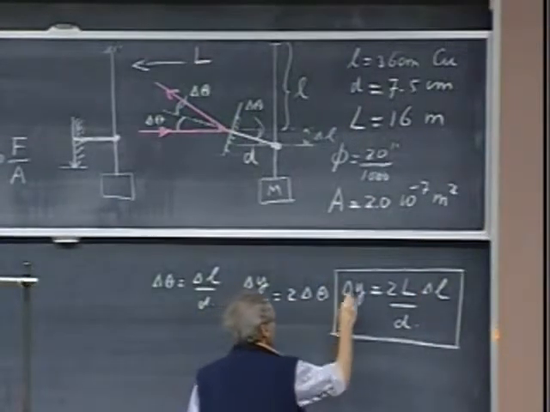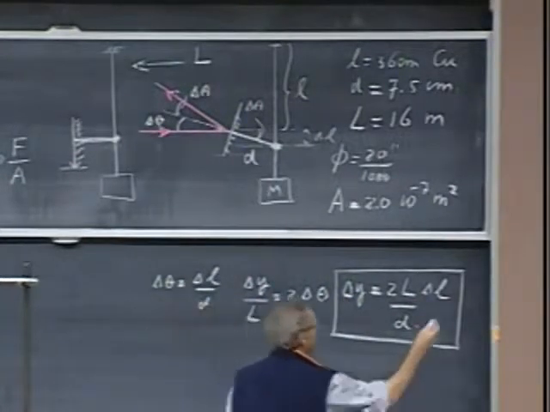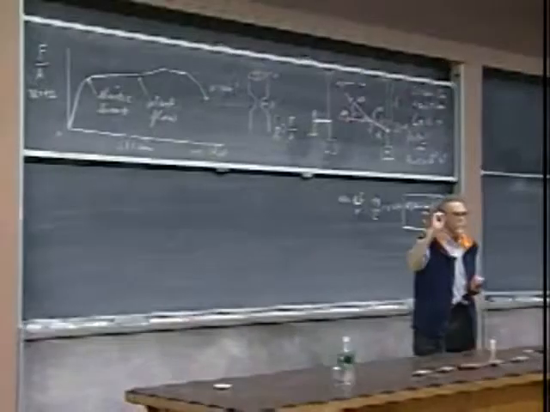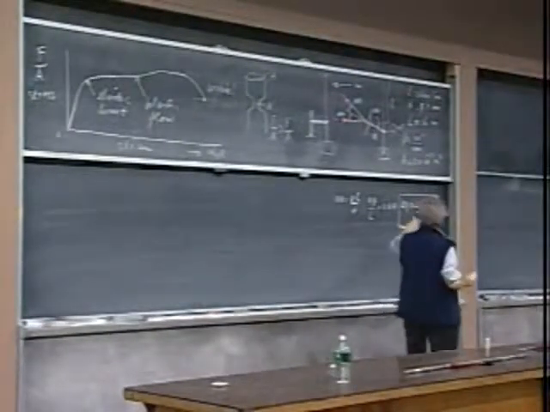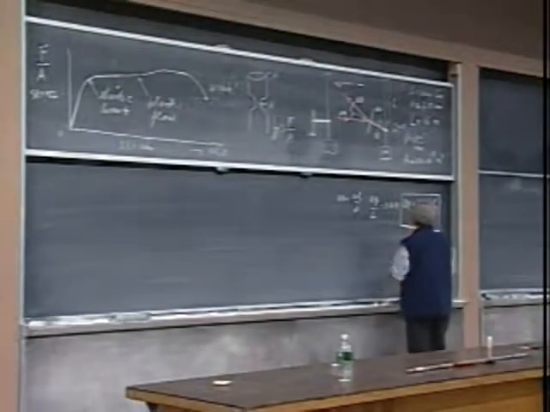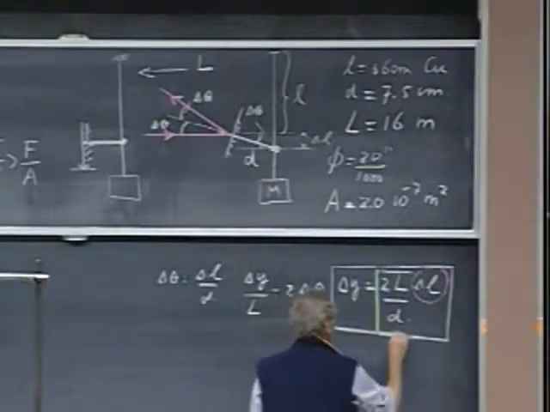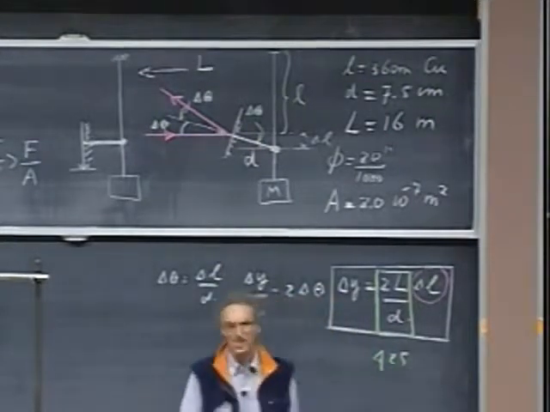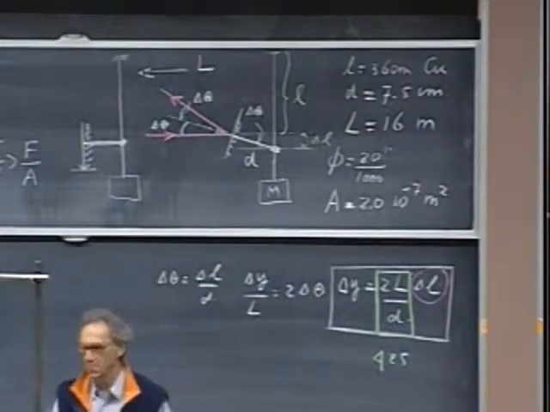And look what we have done now. We have converted something that is immeasurable, delta L, which is a fraction of a millimeter, to something on the wall that we can measure, because this ratio 2L over D, for the dimensions that I have chosen, is about 425. It's like a magnification factor.